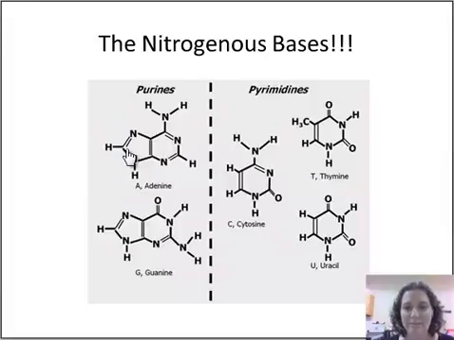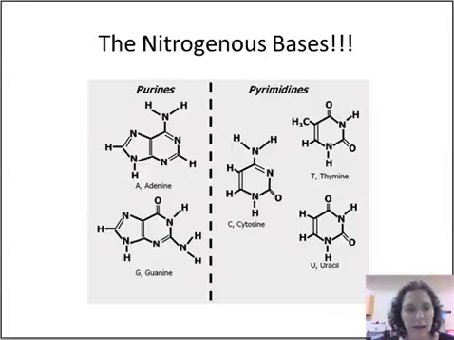And then the pyrimidines are just a single 6-carbon and nitrogen ring. Because they have lots of hydrogens bonded to their nitrogens, they can provide hydrogen to the solution that they're in. So they're bases. So we call them nitrogenous bases.